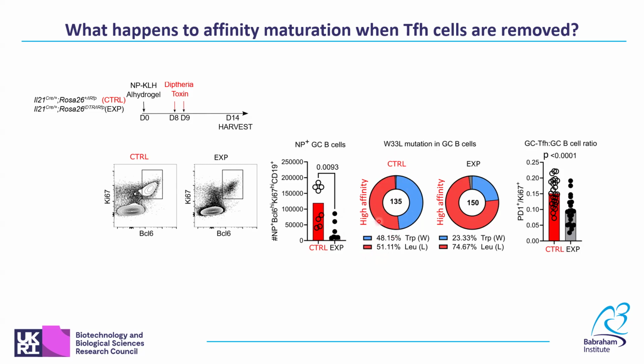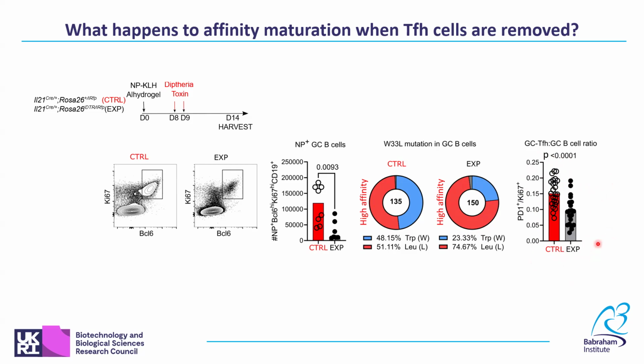And what you can see is that in our control mice, about 50% of the B cells have become high affinity. Surprisingly, in the experimental mice, that has increased to about 75%. We think this is probably because there is a reduced ratio of germinal center TFH to germinal center B cells. And so there is greater competition for that TFH cell help.